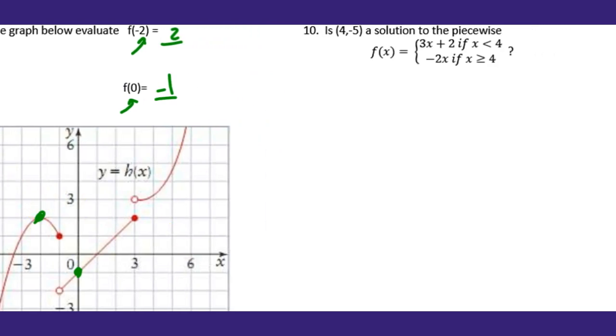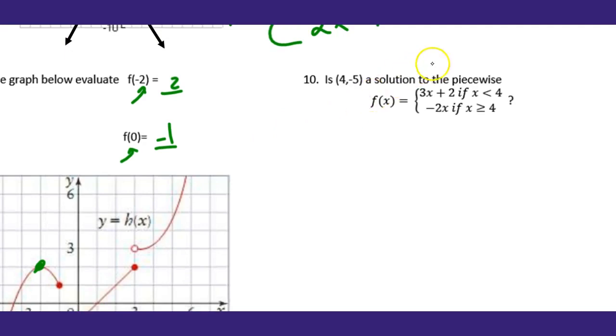Now over here, is 4, negative 5 a solution of this piecewise function? Well, look at the x value and ask yourself, is x less than 4, or is x greater than or equal to 4? In this case, 4 is greater than or equal to 4, so we plug it in right here.